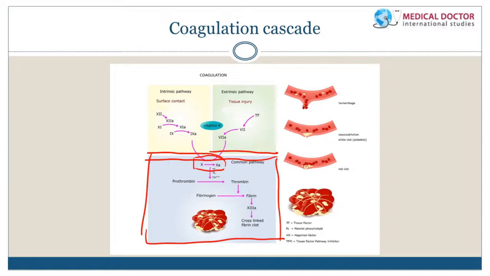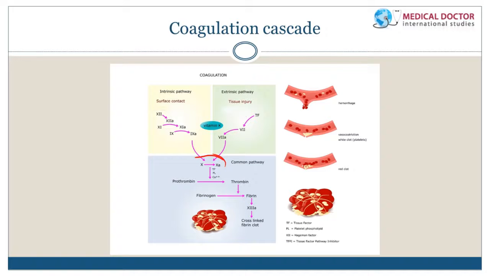So, if we start at the intrinsic pathway, you can see that we have factor 12 at the beginning. A small letter A denotes that this factor is activated.